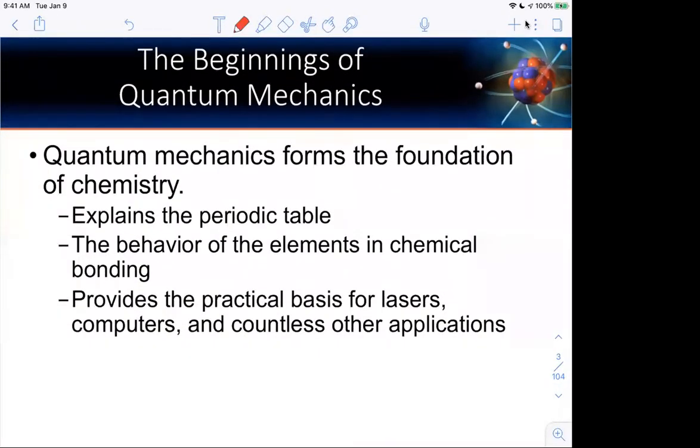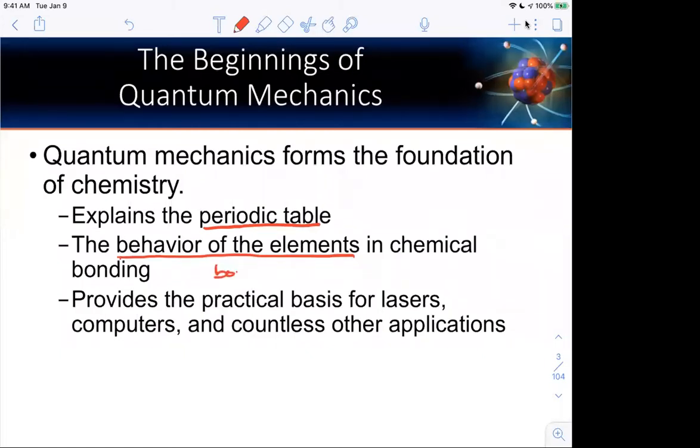Now, it's really important for us to understand this idea of quantum mechanics because this forms the foundation of chemistry. It's going to explain the periodic table. It's going to look and explain the behavior of the elements in chemical bonding.